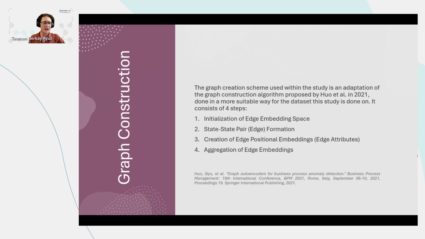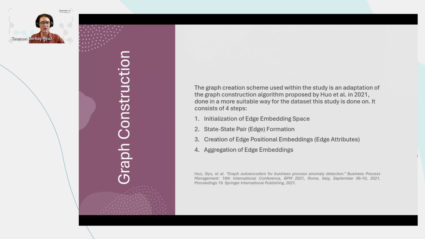Once that is done, we pair each state at time t with the state at time t+1 to create our edges. We repeat this through the entire business process trace to get to all of our state-state pairs, which will be our edges.